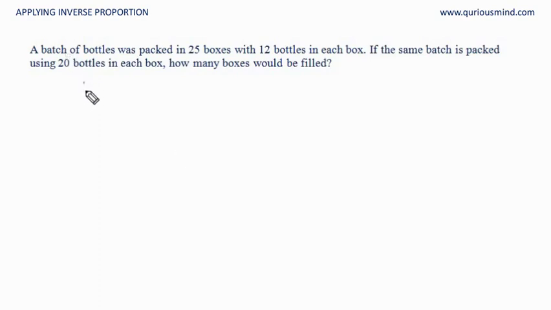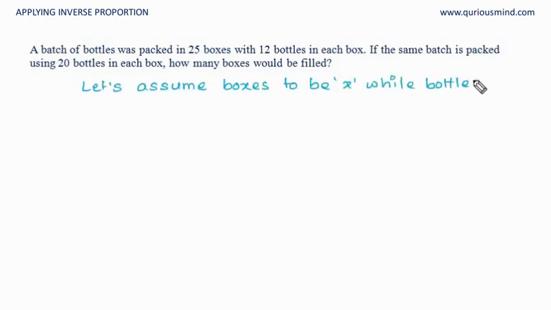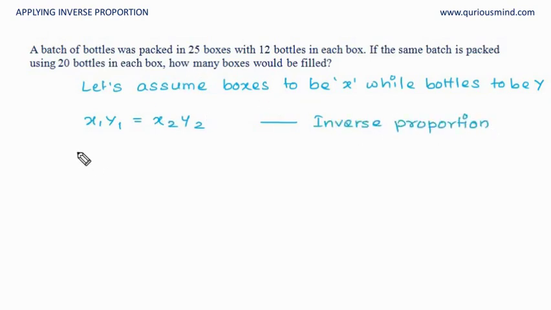So let's assume boxes to be X while bottles to be Y. So we know inverse proportion, X1 Y1 is equal to X2 Y2. X is boxes, 25 boxes into 12 bottles, and that is equal to boxes we don't know, X2, and bottles are 20.